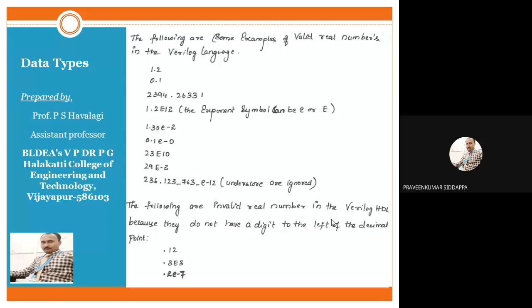Before the decimal point, we have to give some digit; if we write a digit, then it is a valid real number. The following are invalid real numbers in Verilog HDL because they don't have a digit to the left of the decimal point.